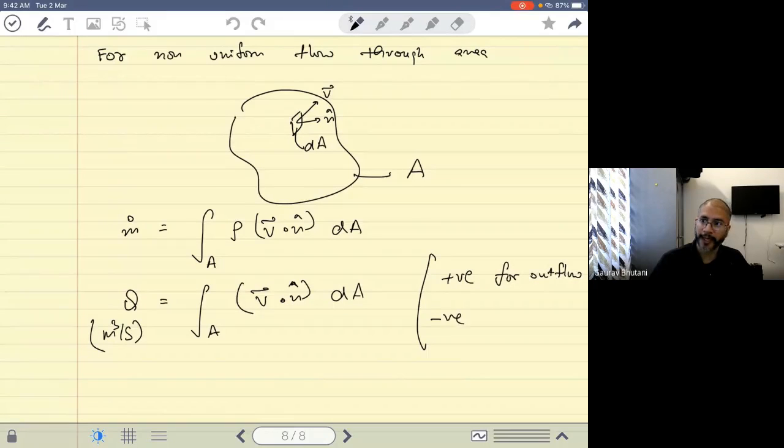And if the fluid is flowing in, the outward normal is like this, and the fluid is flowing in, so that becomes negative. So for inflow, it is negative. So remember that, otherwise it gets confusing. This is just a sign convention that you have taken. Is that clear?